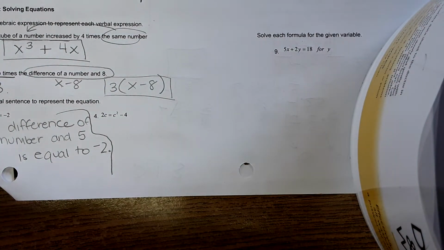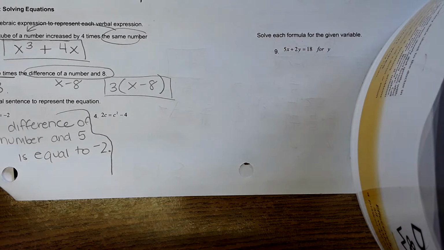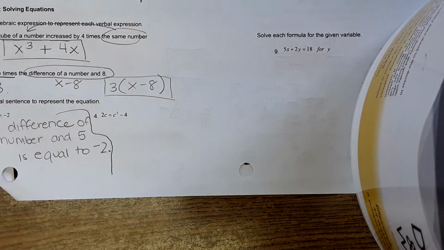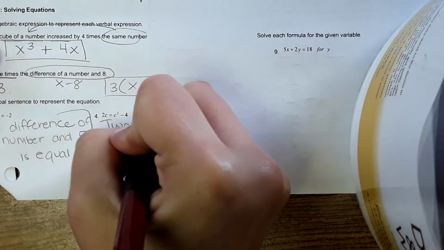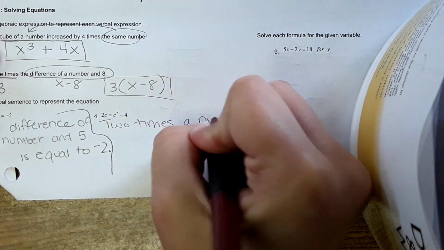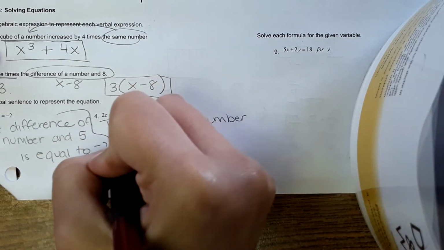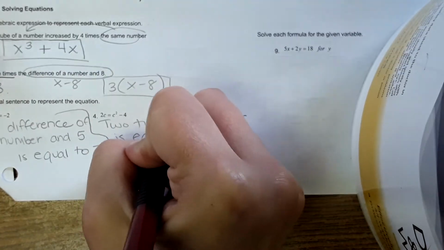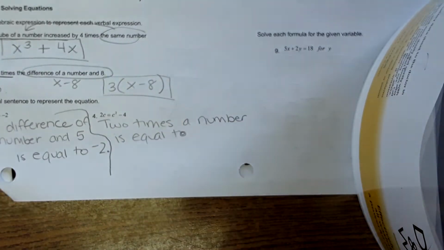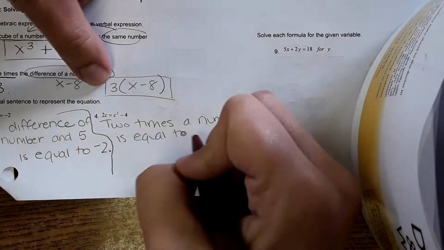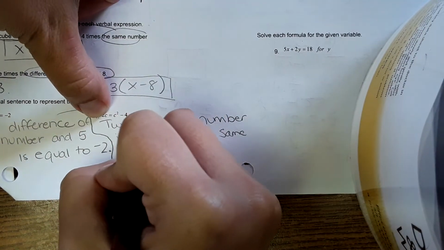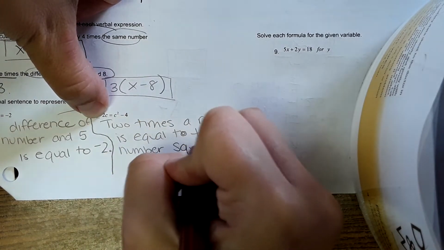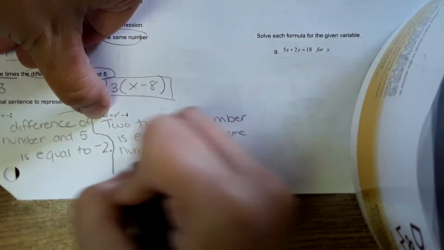For number 4, of course, it's a little bit more complicated. 2 times c equals c squared minus 4. How would we write that in words? There's more than one way to do this, but we're going to say 2 times a number is equal to that same number squared less 4.